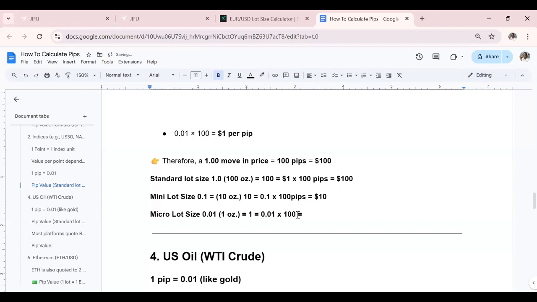All of the movement is constant, but 3 people took this trade on 3 different accounts. One person took a standard lot and for 100 pips of movement made $100. Another person took a mini lot size and made $10. Another person took a micro lot size and for 100 pips of movement, you have $1.